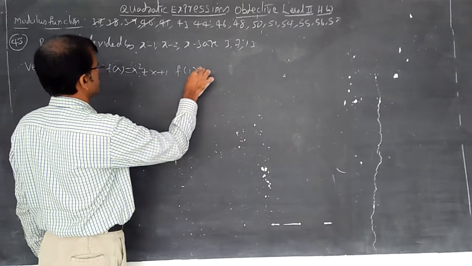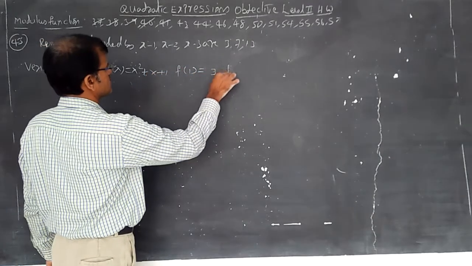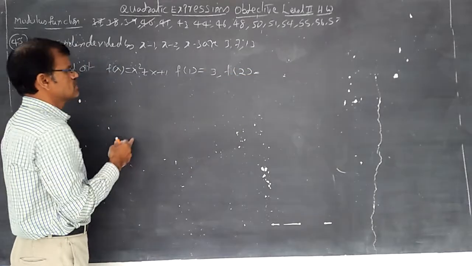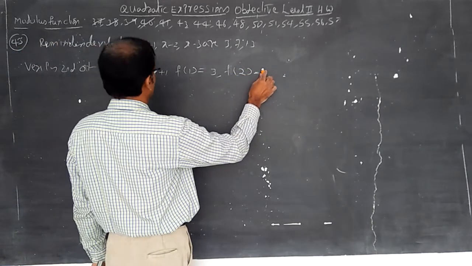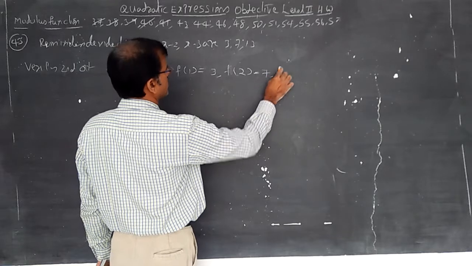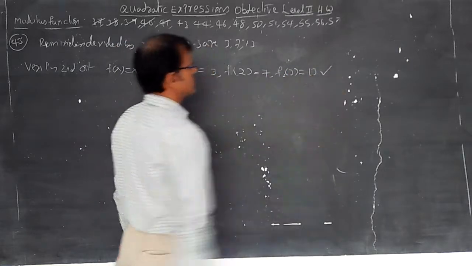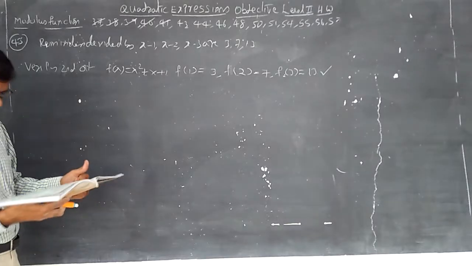Students, put f of 1 is equal to 1 plus 1 plus 1 is 3. f of 2 is equal to 2 square, 4 plus 2 plus 1 is 7. And f of 3 is equal to 9 plus 3 plus 1, 13. So everything is right. So everything is verified.